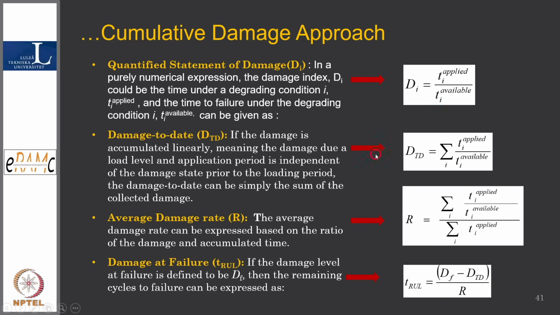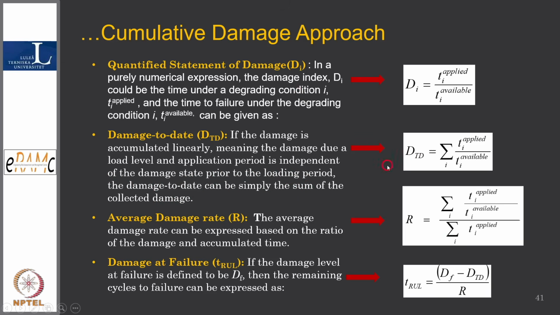In the time domain, the damage to date, DTD. If the damage is accumulated linearly, and you see I am putting the word linearly, meaning that damage due to the load level and application period is independent of the damage state prior to the loading period, then the damage to date can simply be the sum of the collected damages.